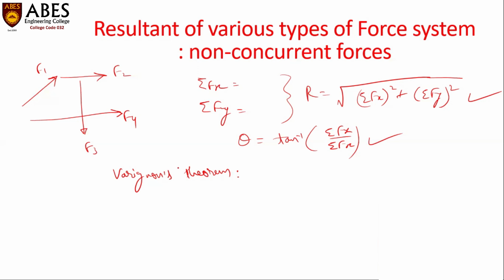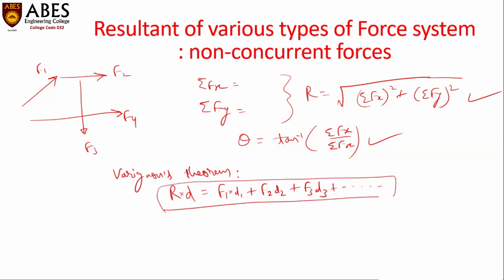So using this theorem, R multiplied by D, where D is the distance of the resultant from a particular point, is equal to F1 into D1 plus F2 into D2 plus F3 into D3, and so on if there are more than three forces. So this is called Varignon's theorem.